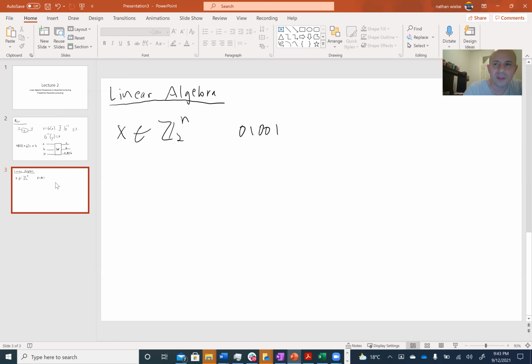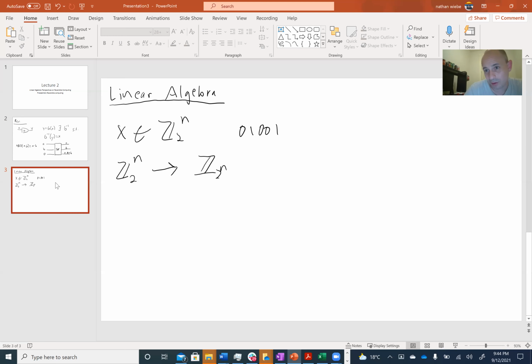Now, we can come up with a different language to describe this. We can take advantage of the fact that we can expand this out to map it directly to Z2 to the n, and the way we do this is we create a bijection between these two spaces.